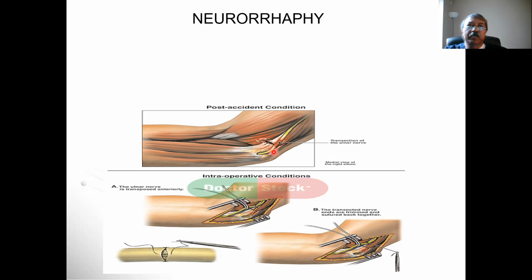So they avoid the friction of the nerve on the bone joint by transposing this nerve to a safe area. Mostly they suture the muscle in between the nerve and the bone prominence, so as to avoid injury of the nerve by rubbing against the bone.